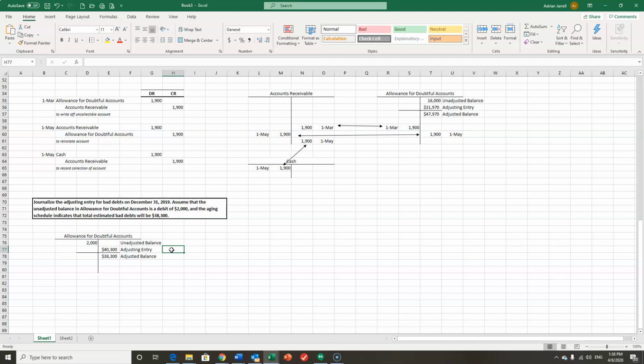A credit entry of $40,300 gives me a credit balance of $38,300, which is exactly what they estimated their bad debts to be. So this is the analysis method, the analysis of receivables or aging of receivables, called all those things. We'll have another little video on the percent of sales method.